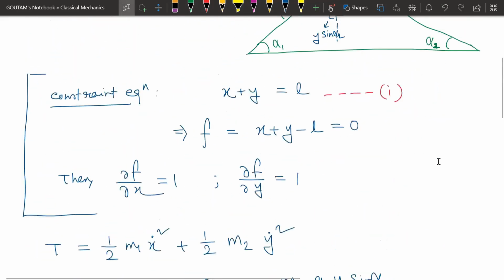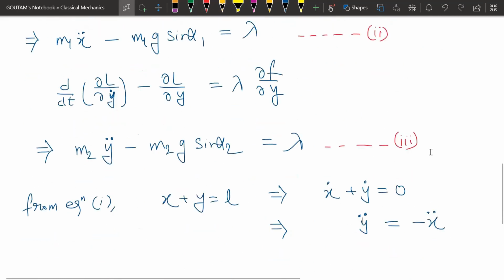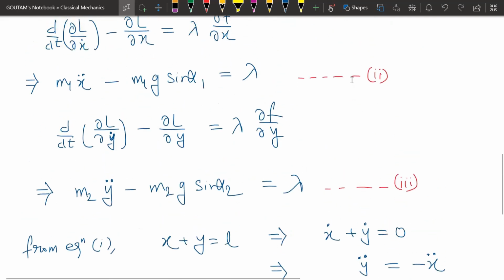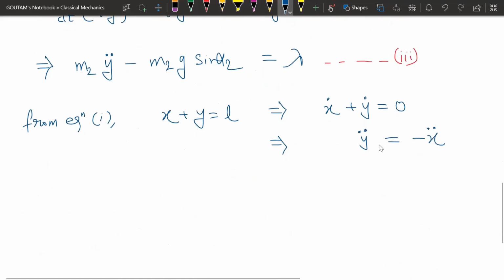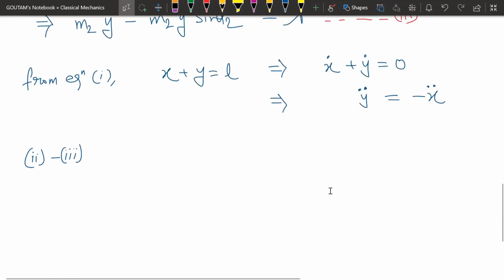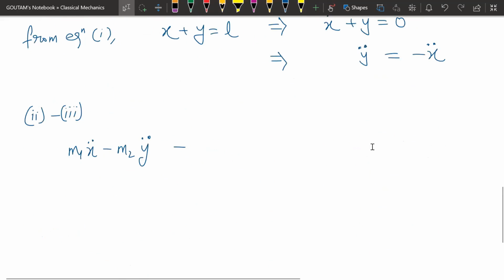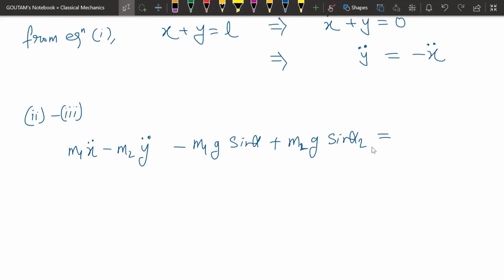In that case, if we put this value of y double dot in equation 3 and subtract equation 3 from equation 2, we will get m1 x double dot minus m2 y double dot minus m1 g sine alpha 1 plus m2 g sine alpha 2 equals 0.